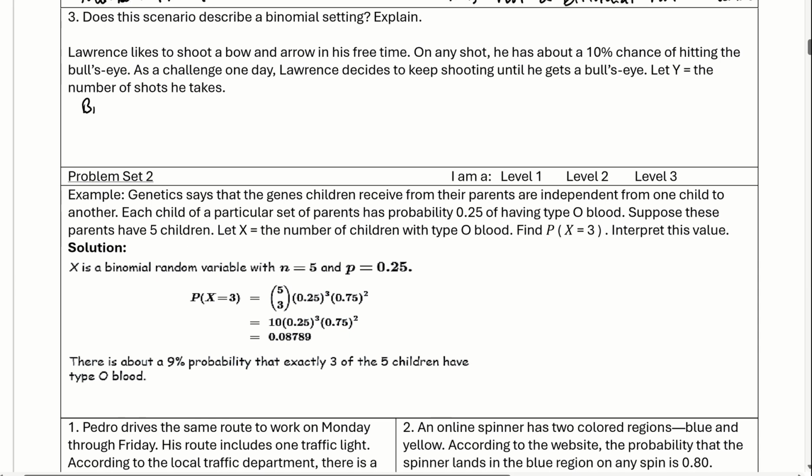Okay, so is it binary? In this case, he either makes a bullseye or not. Let's just call it the number of hits: hit or does not hit.